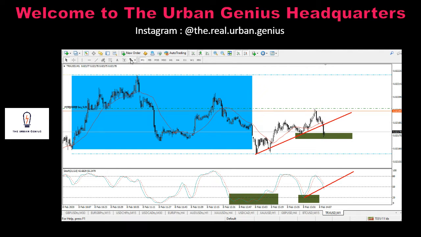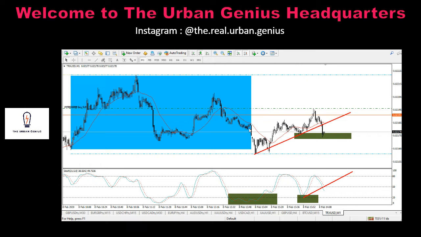Just for educational purposes, just dropping this opinion here. Notice how it's 7:13, 15-minute candle for entry. Based on the fact that I really think that this is going to turn around, I'll go ahead and enter at 7:15. Remember, 15-minute candle for entry, all candles above for your analysis.